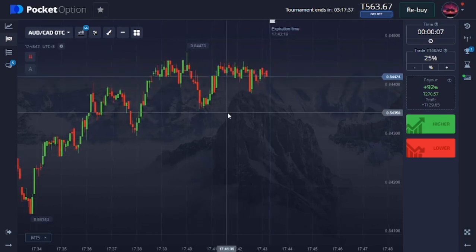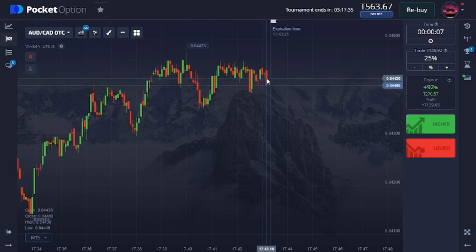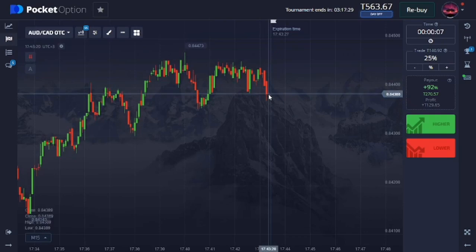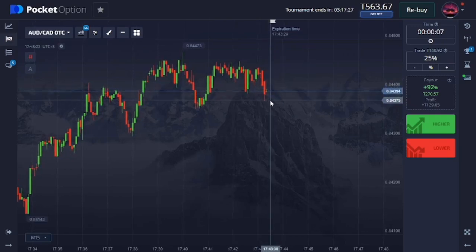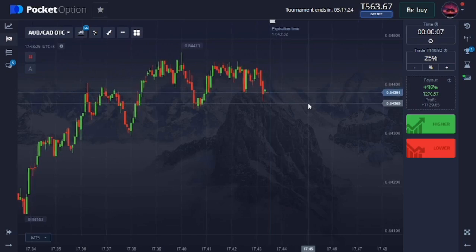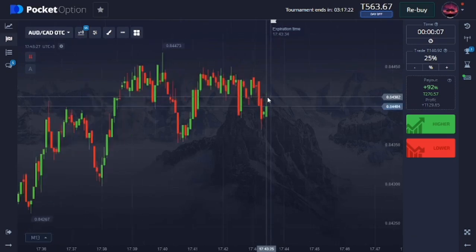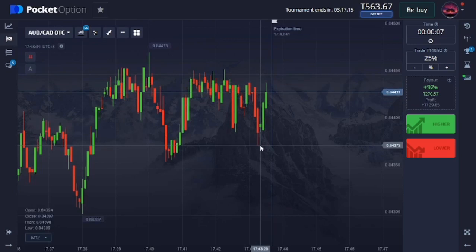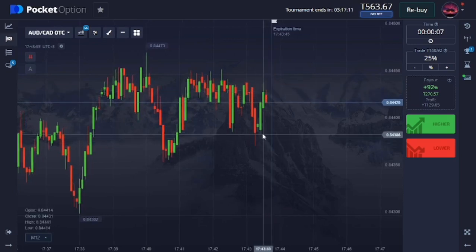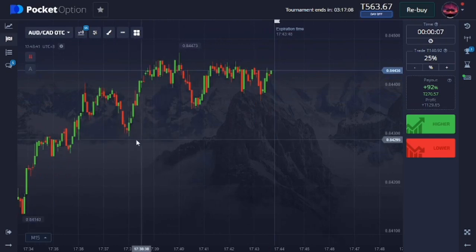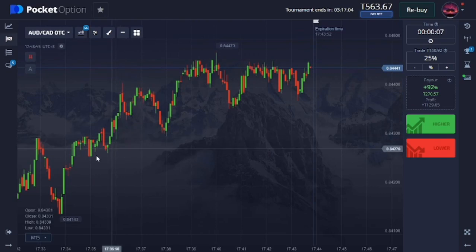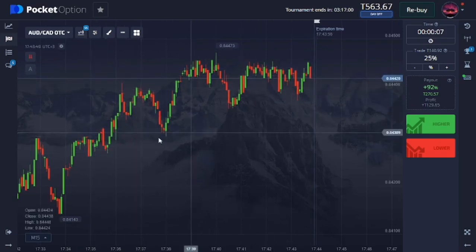If the trend line is broken, just like this one, then we are going down. This thing should have closed below at the lowest point, but it rejected, so we can be sure that it is the work of the trend line.